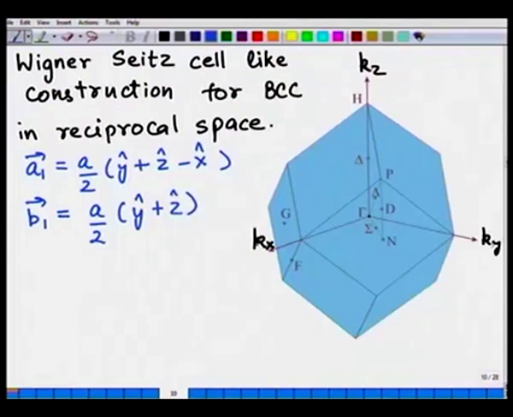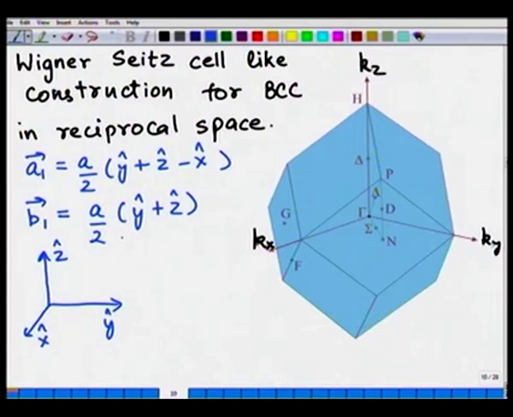So what was this A1 and A2 and A3? Remember what we are saying is that if you have a direct lattice somewhere like this, and in that there is an x, y and z, similarly I should have something in the reciprocal lattice corresponding to this.